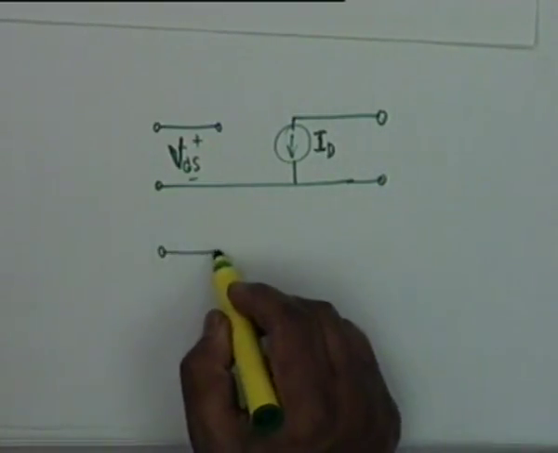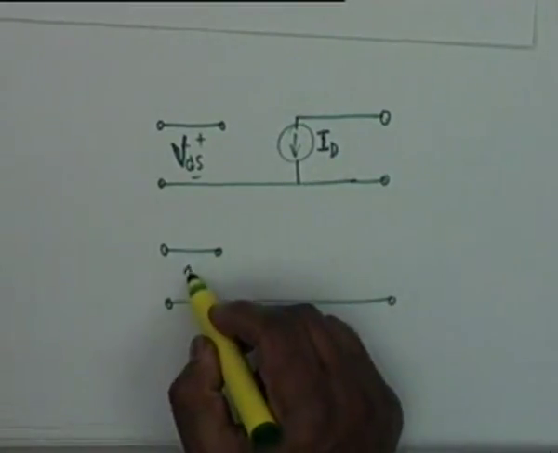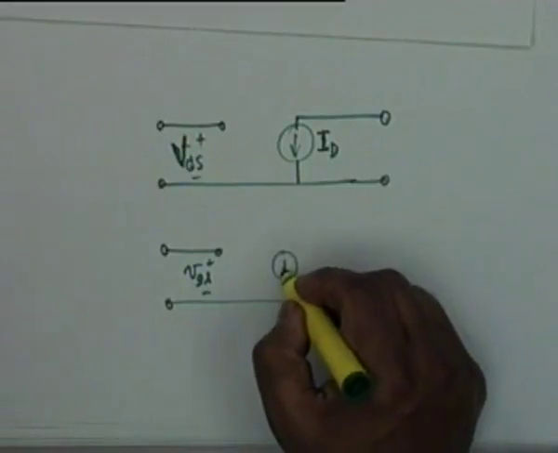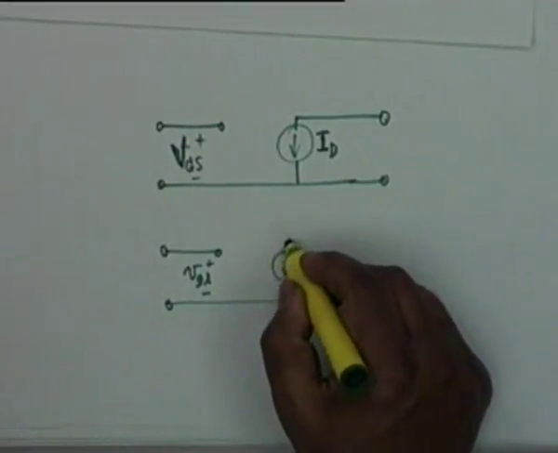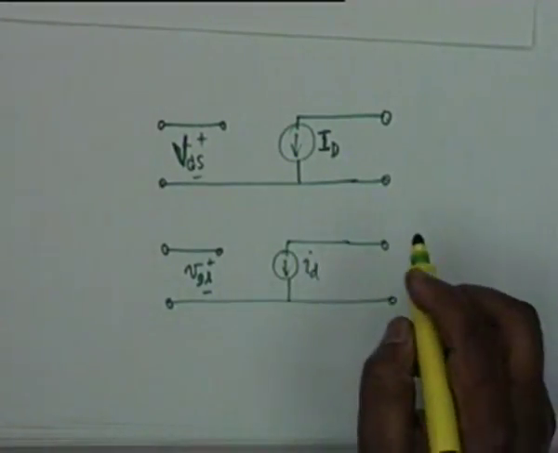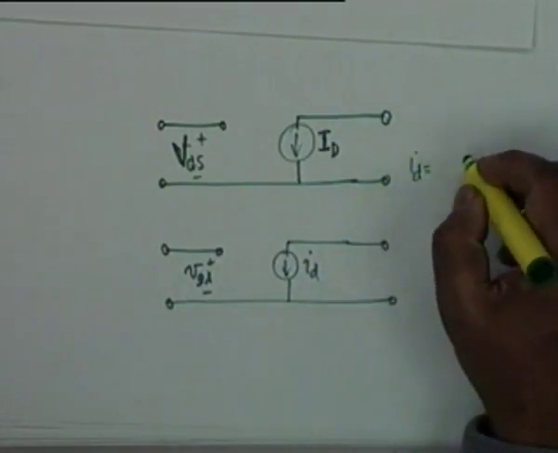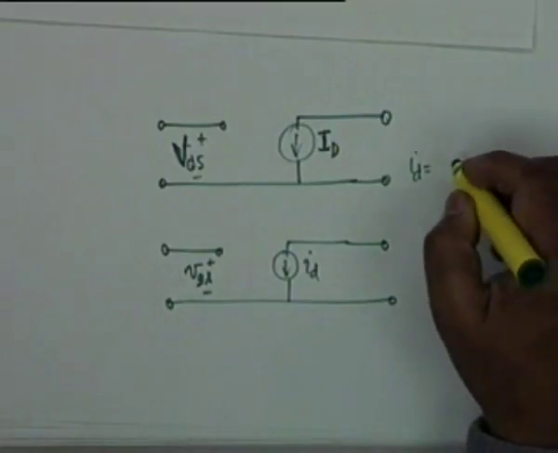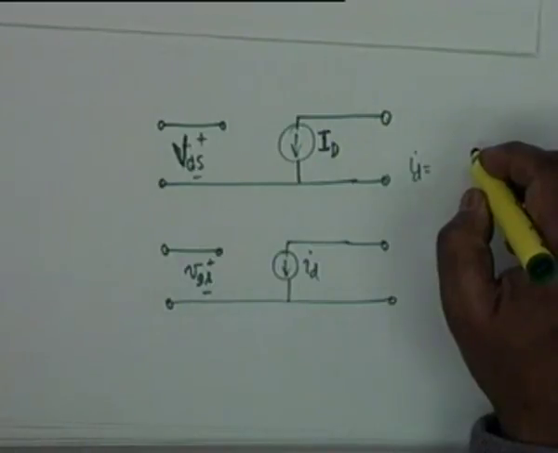Whereas if you take the AC model, you take VGS and a current I sub D. How is ID connected to VGS?